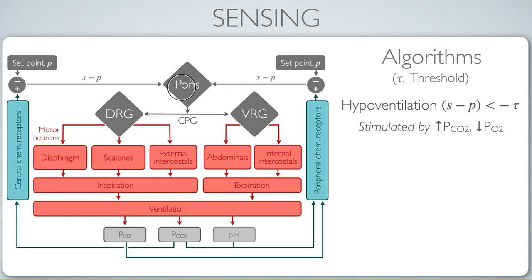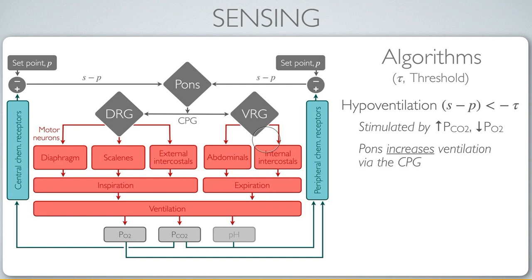And the pons makes a decision about how to respond to that. In particular, it's going to increase ventilation. It's essentially going to drive the CPG to greater frequencies of activation. So that's the algorithm for hypoventilation.